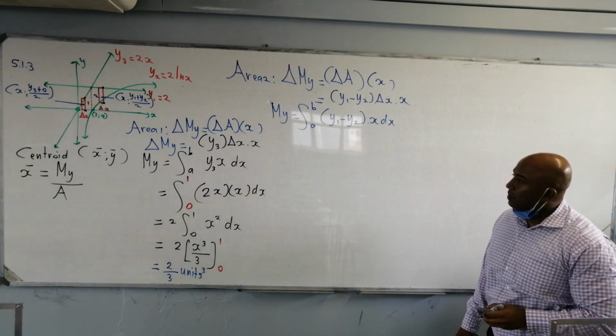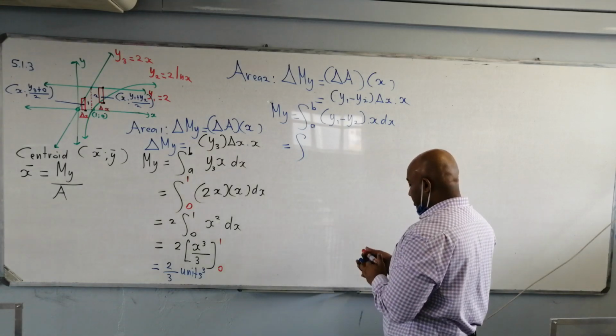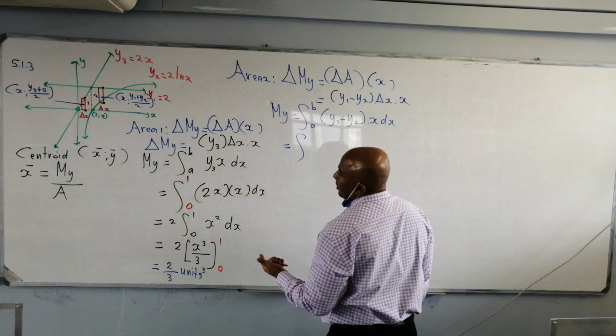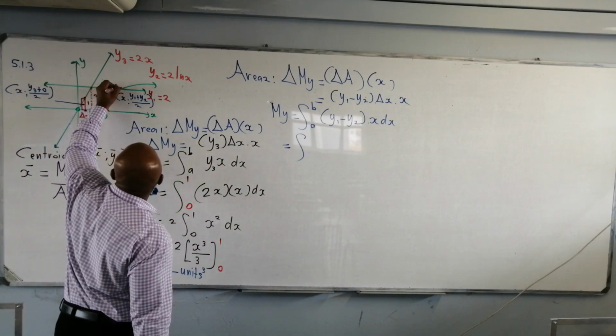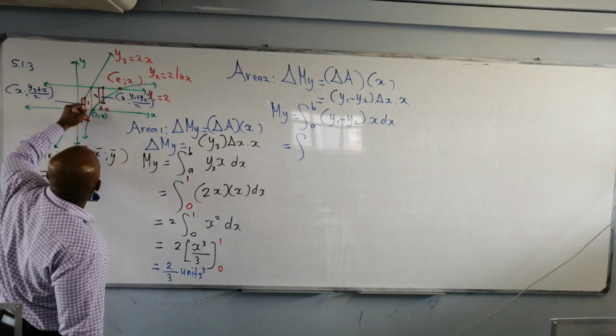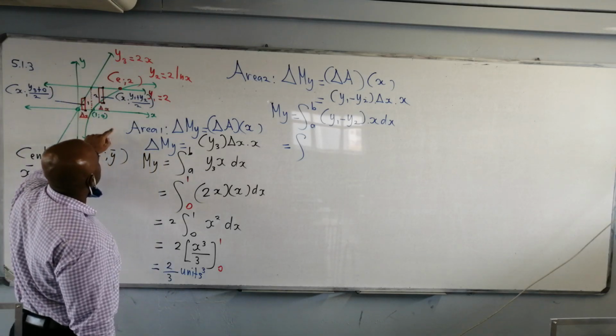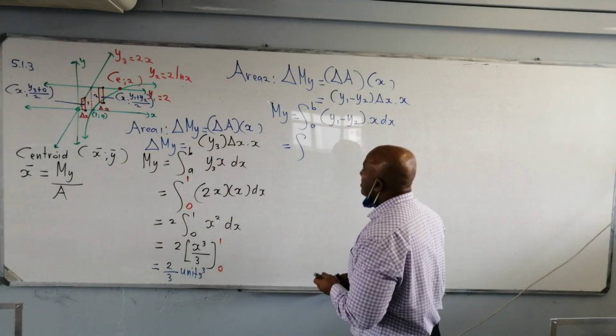We are integrating with respect to x. So this is going to be your limits. We've already worked that out previously. Remember, there's the point here, which is e and 2, and this point here is 1 and 0. So we are interested in the x values.